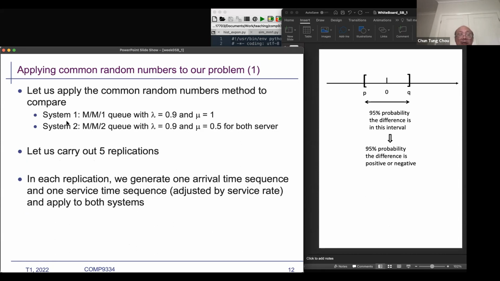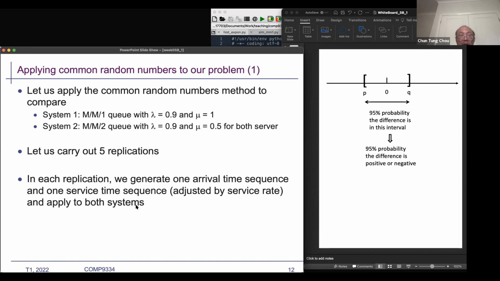So again, we have these two systems, the M/M/1 and the M/M/2 queues. Let's carry out 5 replications. And recall that in order to apply this method, for each replication, we're only going to generate one set of arrival times and one set of service times. Then we apply them to both systems.